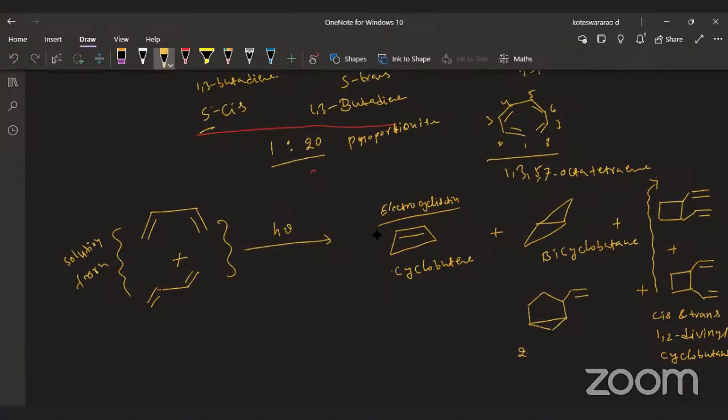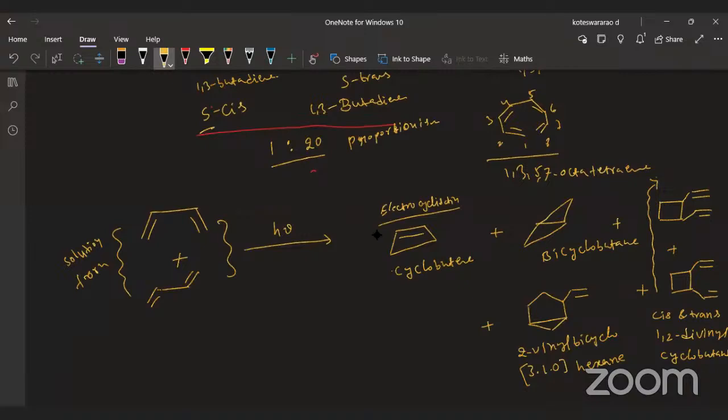This is called 2-vinylbicyclo[3.1.0]hexane. It is one product.